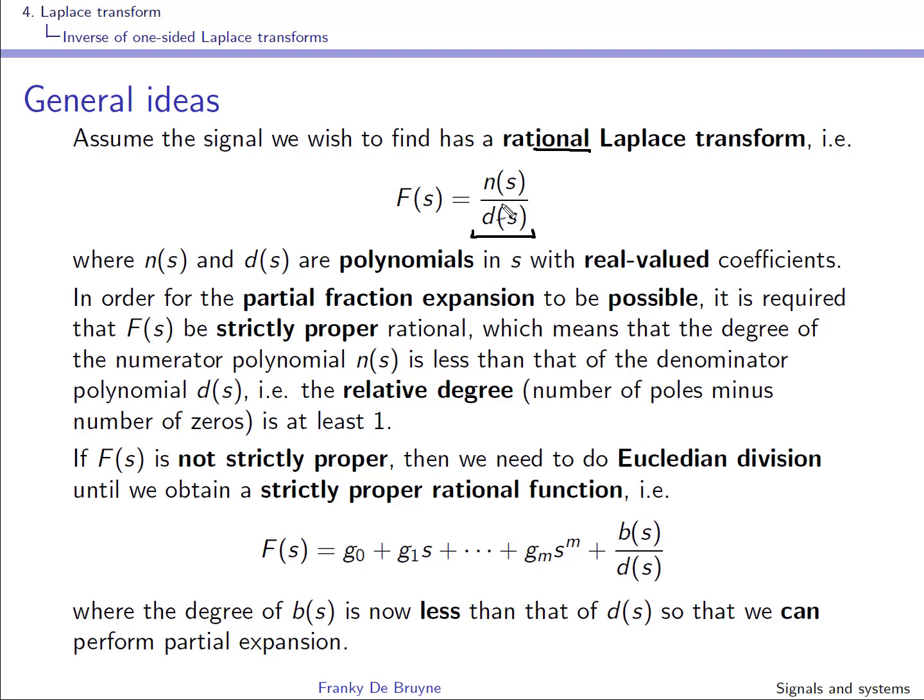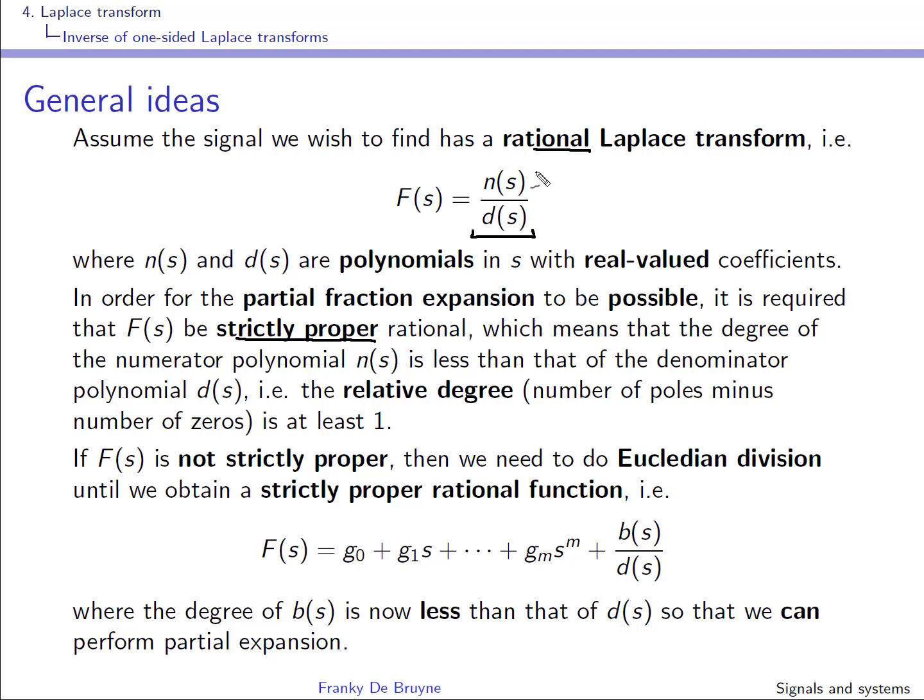You have done this in previous courses. We'll review this later, but before we do the partial fraction expansion, we need to ensure that this f of s is strictly proper. This means that the relative degree, so the degree of the denominator minus the degree of the numerator, must be at least 1.